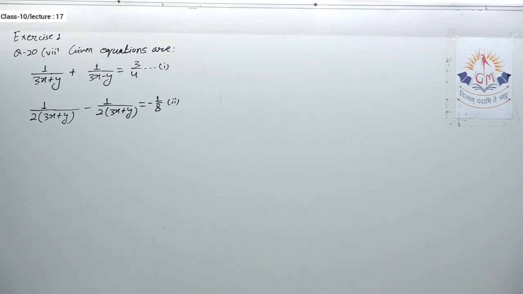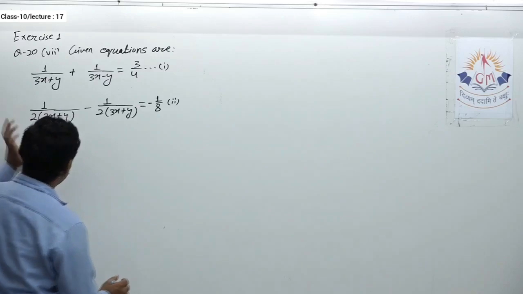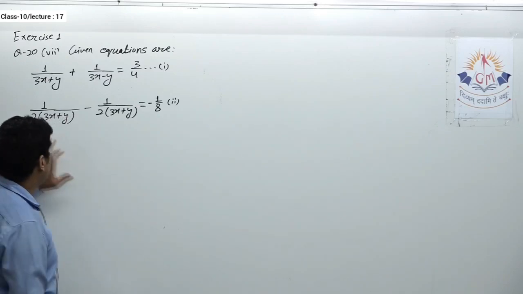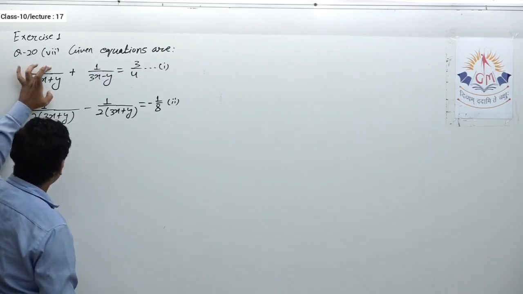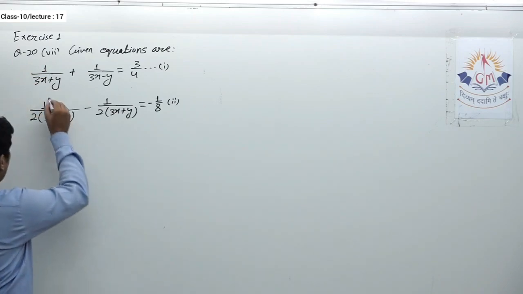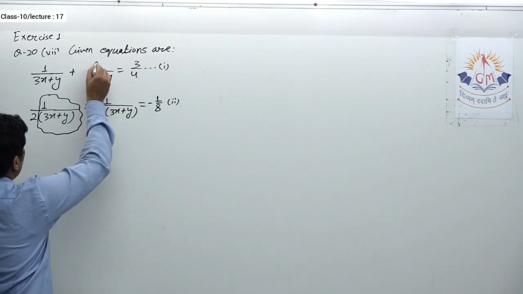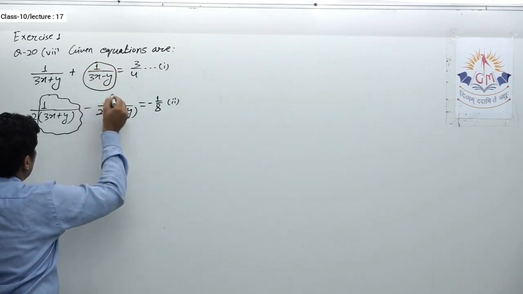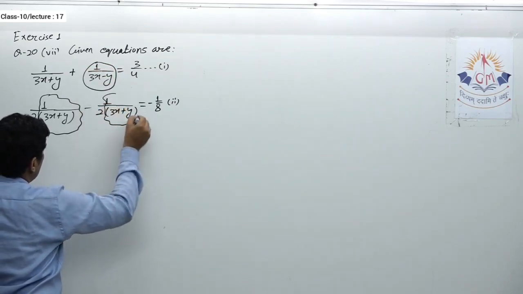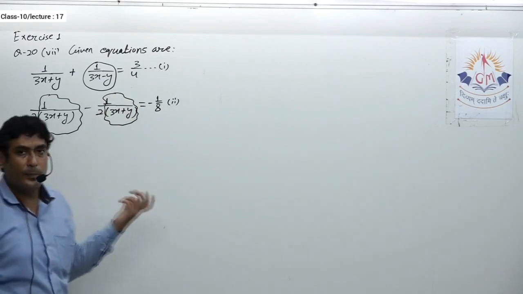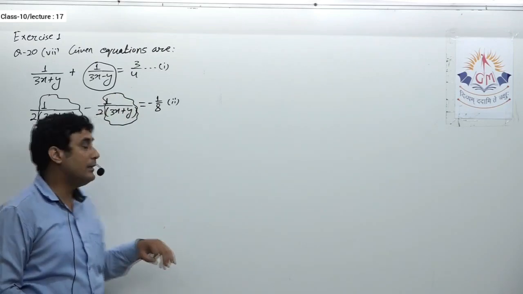Okay, so let us see how to solve this. See over here, the very first observation is that here we have 1 upon 3x plus y, and here again we have this 1 upon 3x plus y, isn't it? Similarly, here we have 1 upon 3x minus y, and here again we have 1 upon 3x minus y. So these replacements we can do by a and b.